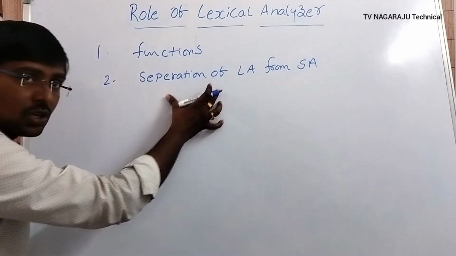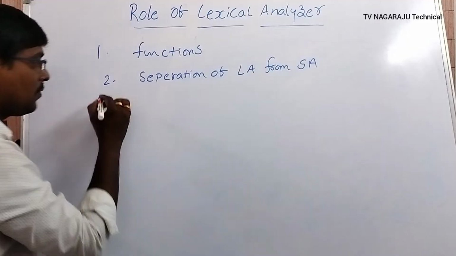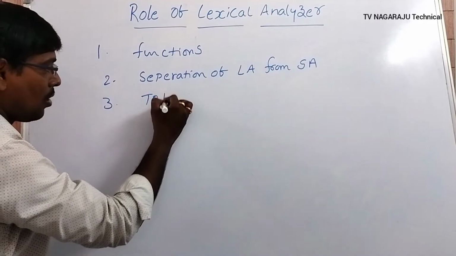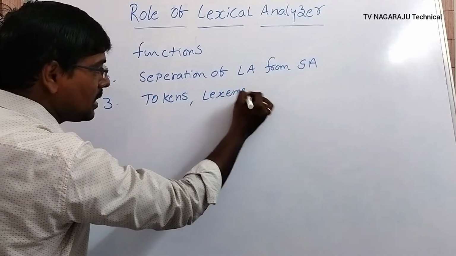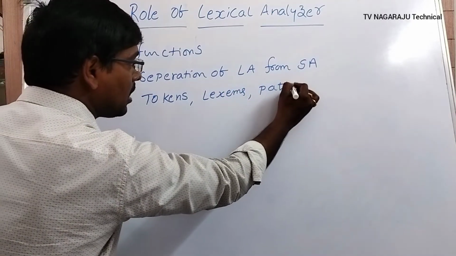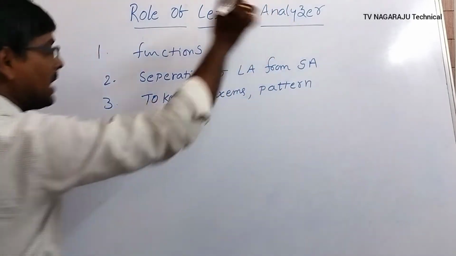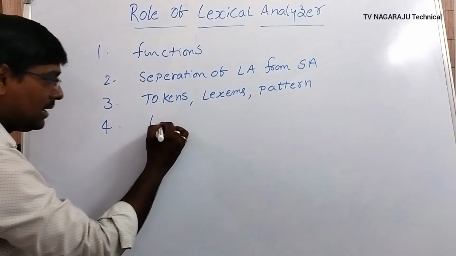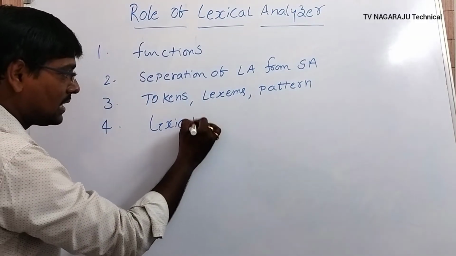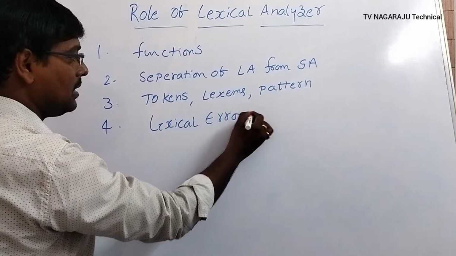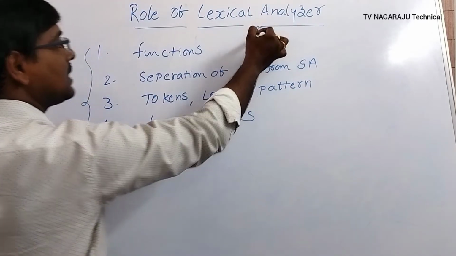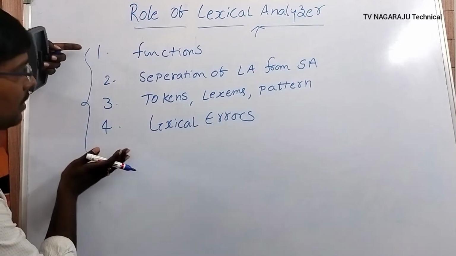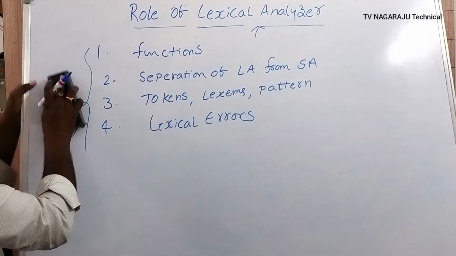Third, what are the different tokens, lexemes, and patterns that are provided by the lexical analyzer? Finally, the different types of lexical errors. These are the four main points related to the lexical analyzer. Now we will discuss each in detail.